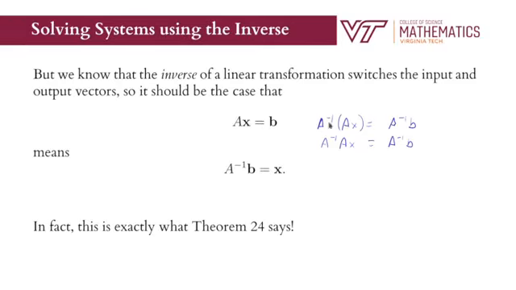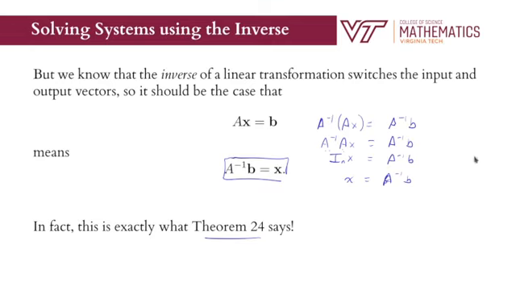Remember, we defined matrix multiplication so that we can drop the parentheses, and A inverse times A is the identity matrix. The identity matrix times a vector is just the vector. And so X is equal to A inverse B, which is exactly what the theorem says: we can solve a system by multiplying both sides by the inverse of the matrix.